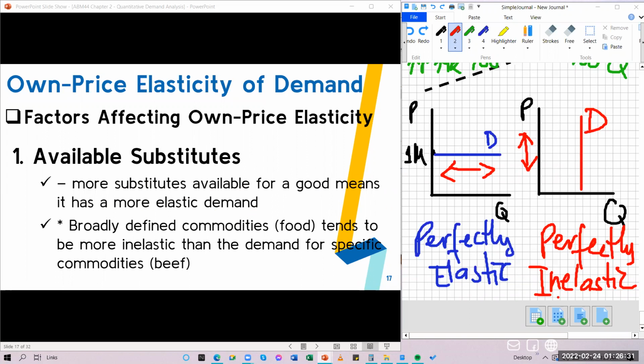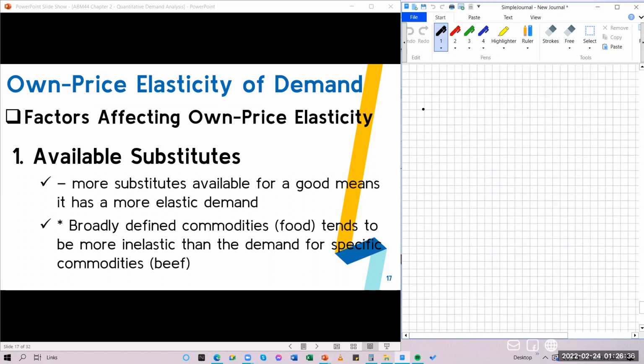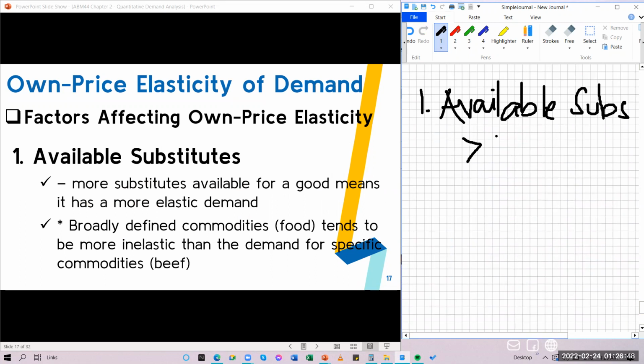So the greater the quantity of available substitutes, the more elastic the demand. Broadly defined commodities such as food tend to be more inelastic than the demand for specific commodities like beef.